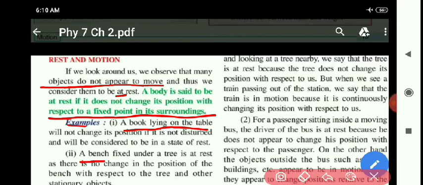A bench fixed under a tree is at rest as there is no change in the position of the bench with respect to the tree and other stationary objects. Clear this example: if a bench is under a tree and not moving anywhere, its position is fixed, so that bench is said to be at rest.